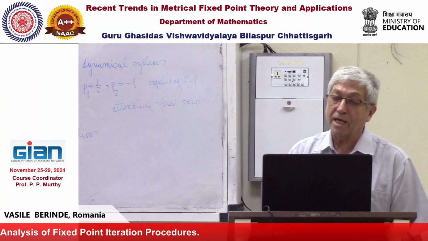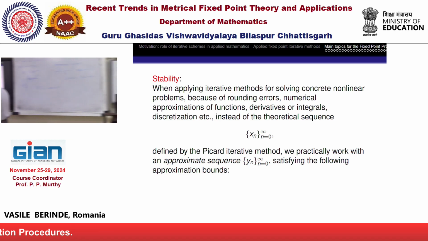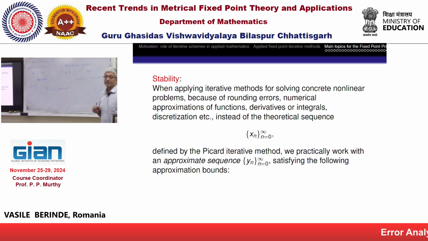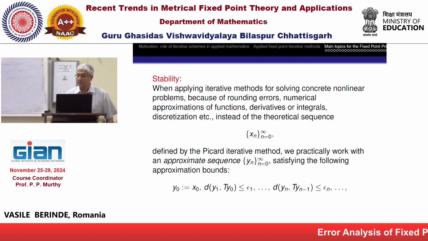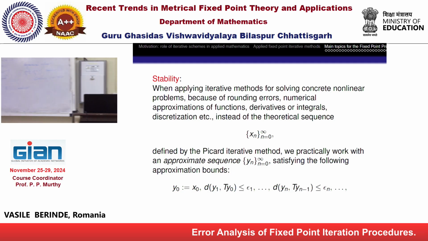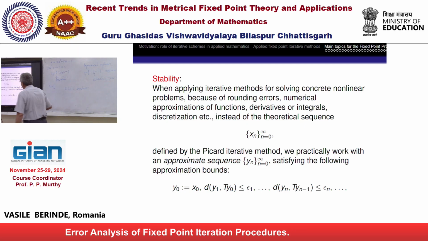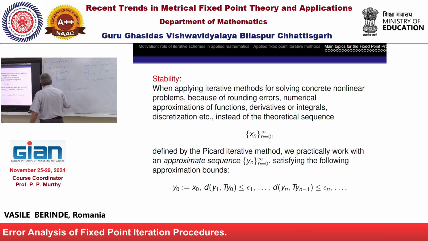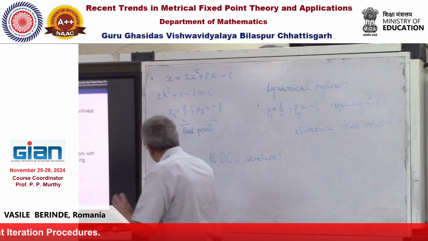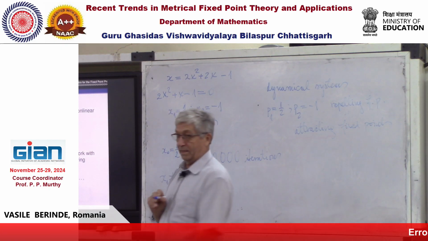We actually will have a kind of approximate sequence, let's say yn. And normally, it satisfies the following conditions. y0 is exactly x0 because it's the starting point, but T of x0 is different from x1 a little bit. It's very close but different, and this would be y1.